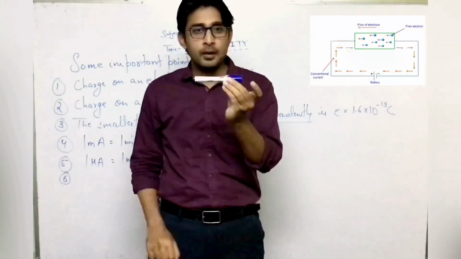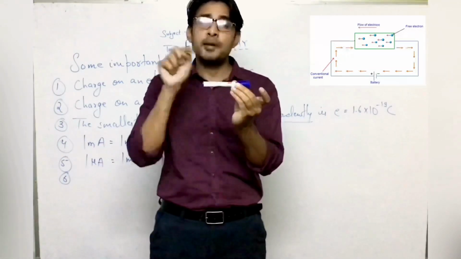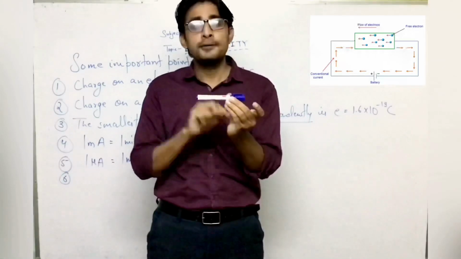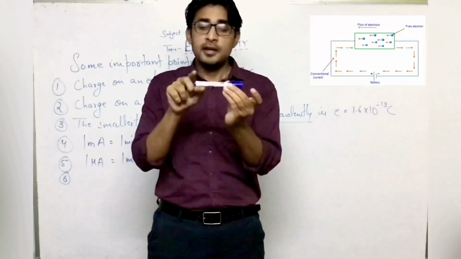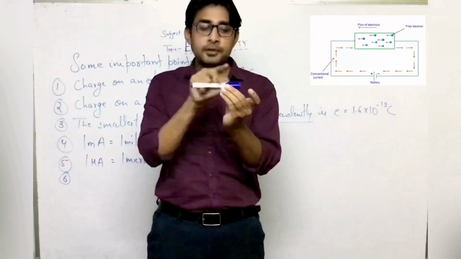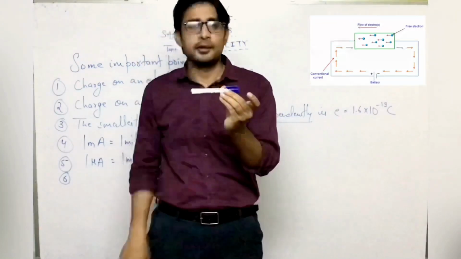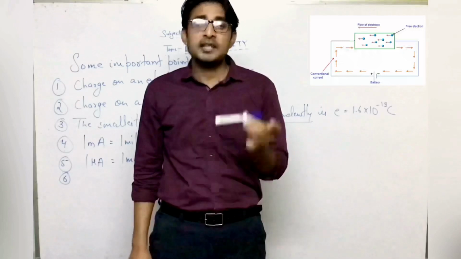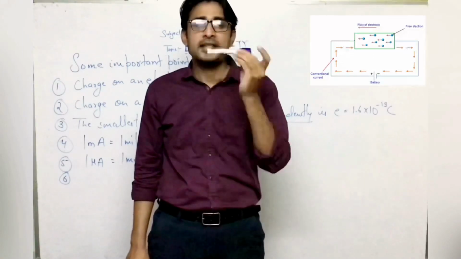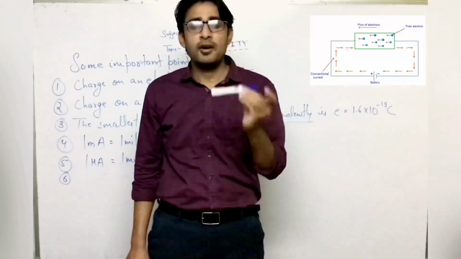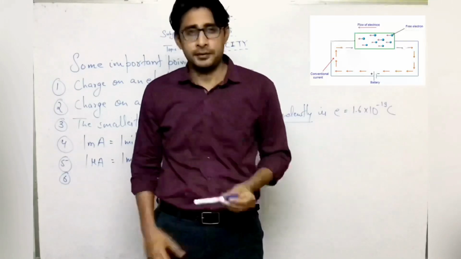The current will flow in the opposite direction to the flow of electrons, which means if the electrons are flowing from this point to this point, the current will flow from this point to this point. Have you understood? The direction of current is opposite to the direction of flow of electrons.